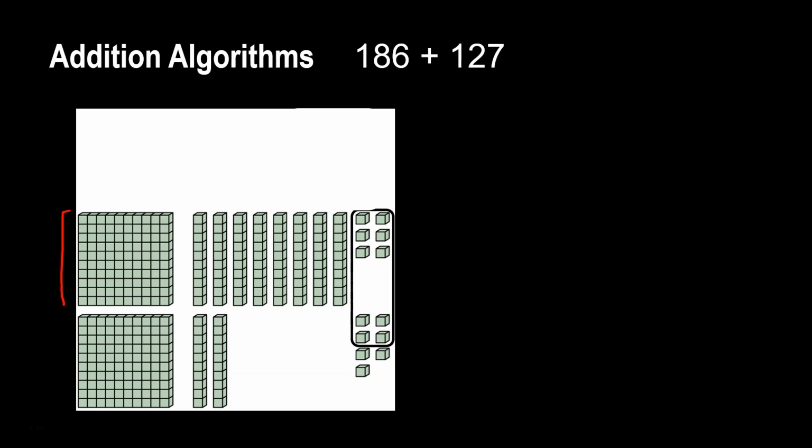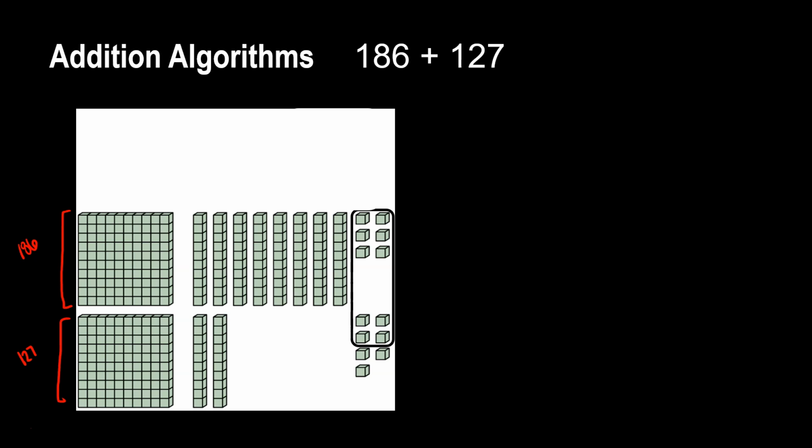The top group of blocks is the 186 represented using blocks. The bottom is 127. To add, all we're going to do is mush all of these together and then regroup so that we can use the fewest number of pieces to represent our outcome.